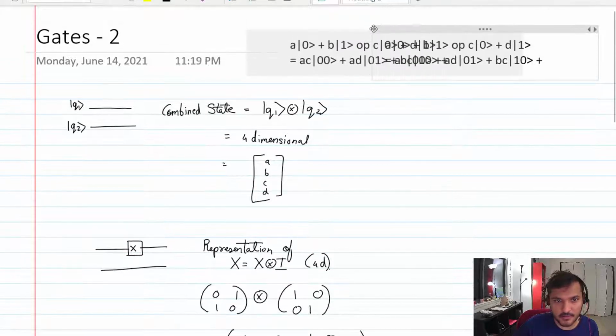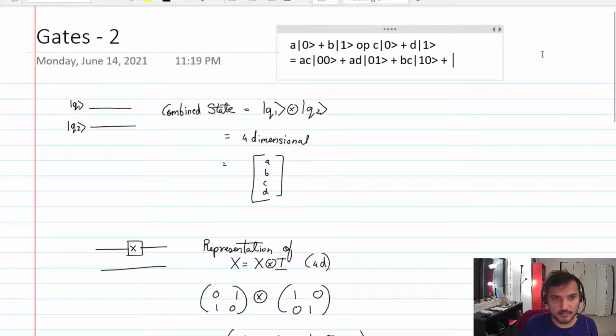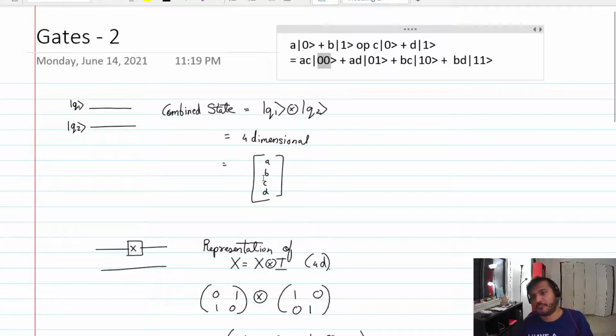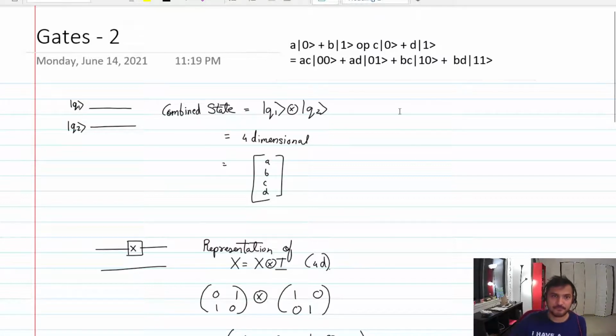I hope you guys can see this. And because we have four states, 1, 2, 3, 4, it's a four-dimensional object. That's why it's four, because you're considering all possible combinations.